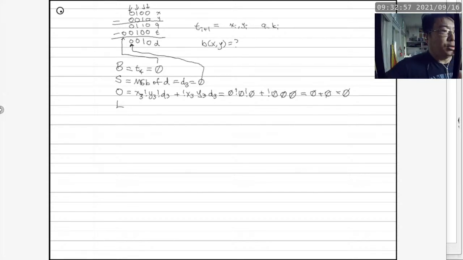I don't want to use the term last bit. We only talk about the most significant bit. The most significant bit is the leftmost bit. All right.